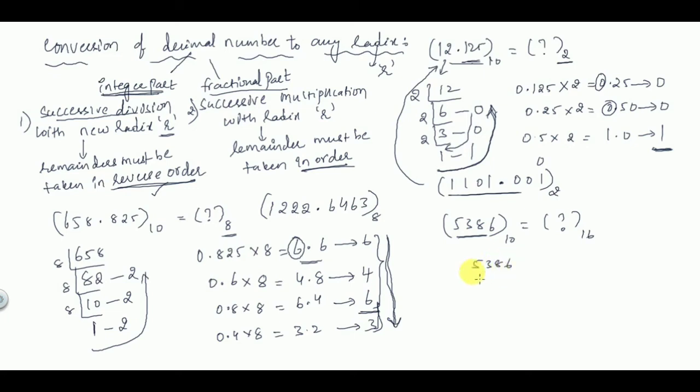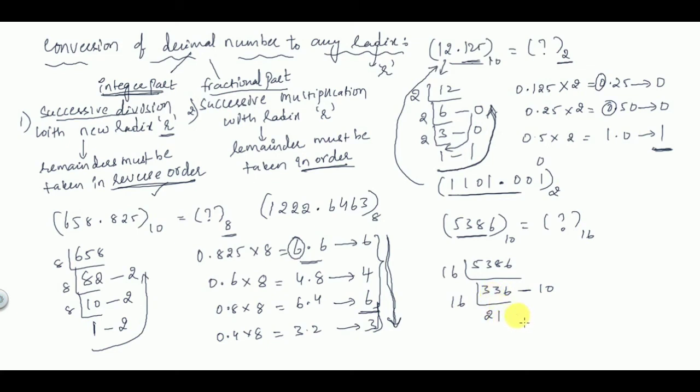So 5386 you can divide by 16. If you divide, you will get 336. 16 3s are 48, and again you will get 58. Again 16 3s are 48, and you get 106. 16 6s are 96, so 106 means the remainder is 10. Again divide by 16: 16 2s are 32, and 1 is left over, so 21.